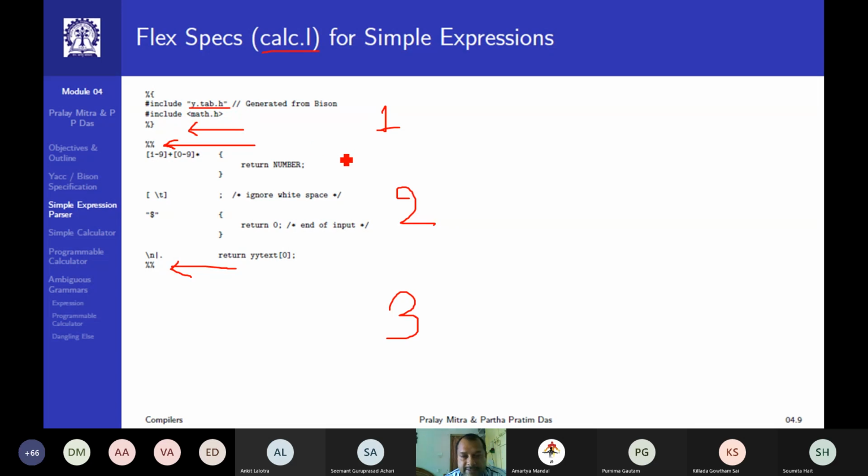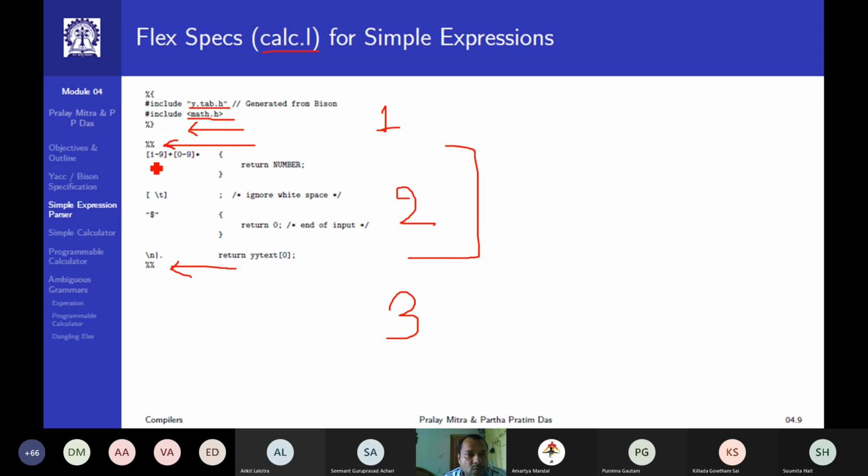It also doesn't already exist in your system. Now this is math.h, so if you need to do some math specific calculations, then you need to include that one. Now you remember that in section 1 we included the pattern, and corresponding to that pattern the action was in section 2. We also mentioned that instead of mentioning the pattern directly, we can mention the pattern as well as the action, and that is exactly what is done here in section 2.